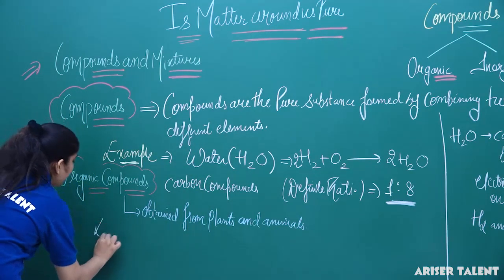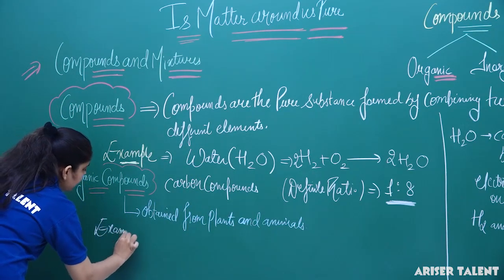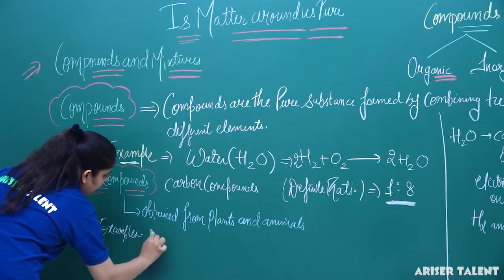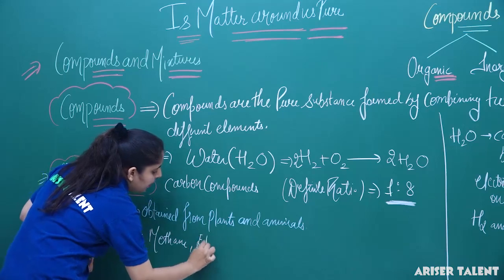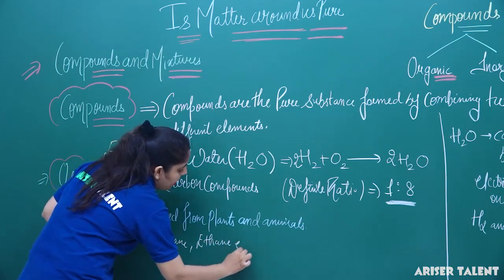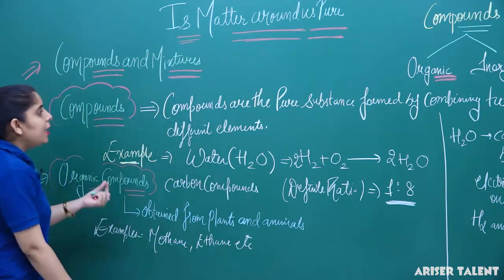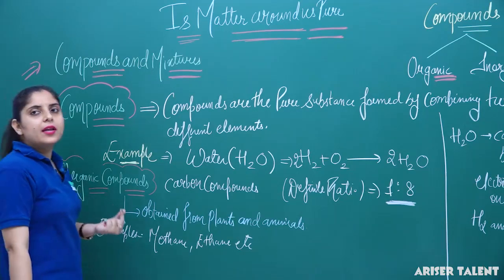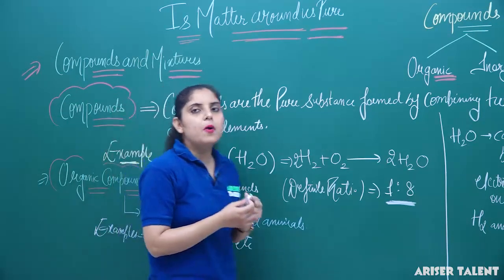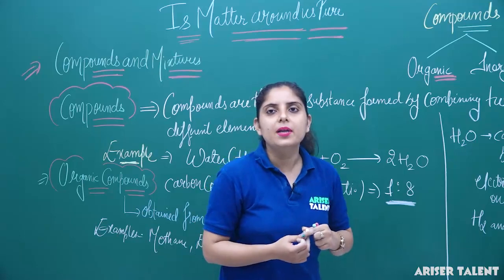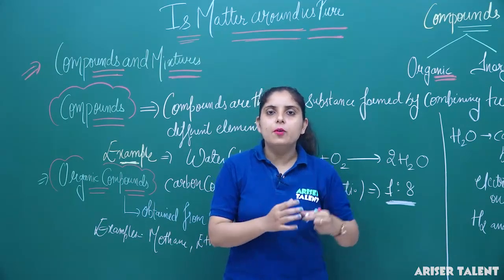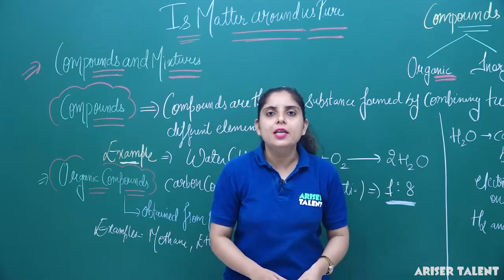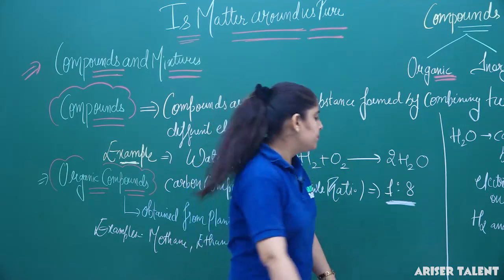The examples in this category are methane, ethane, etc. Inorganic compounds are the ones we do not obtain from plants and animals. They are basically obtained from rocks and minerals.